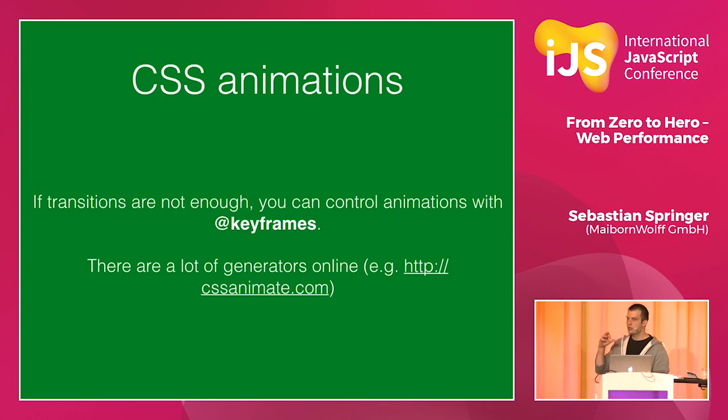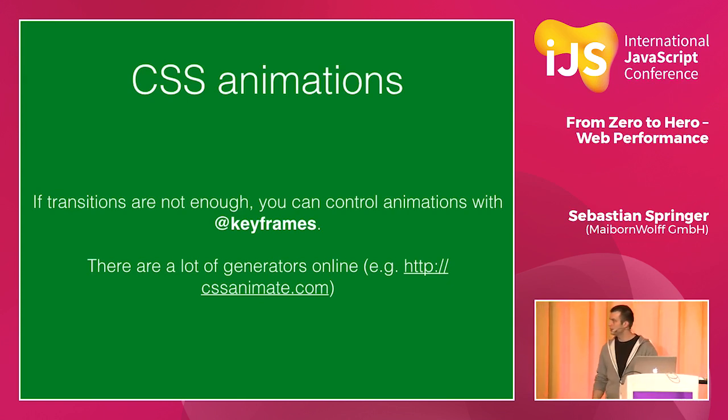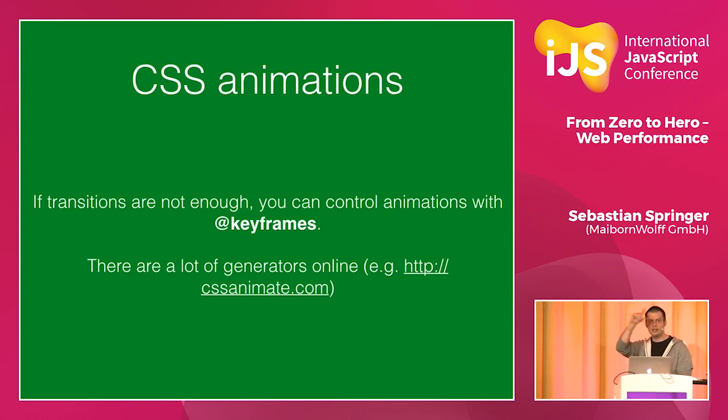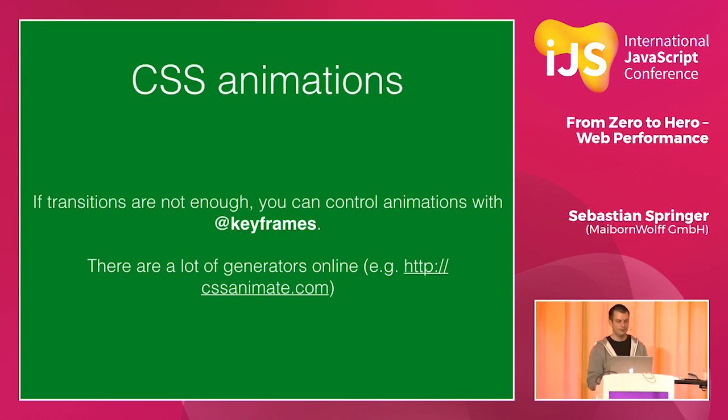You can control every single piece of an animation, but it's hell to write by hand. And then just go for generators such as CSS Animate or stuff like that, and then you can drag pieces around and animate them this way.